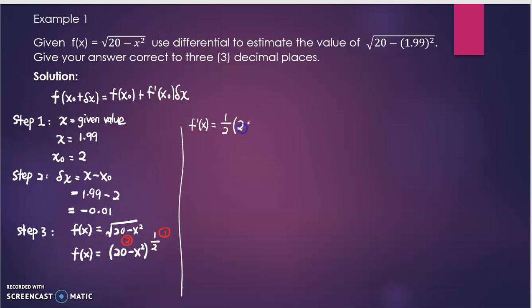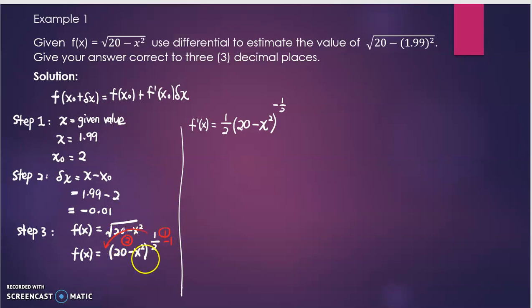Remember, only one differentiation in one step. Don't forget to reduce the index by 1, so 1 over 2 minus 1 means negative 1 over 2. Again: first, I bring the index to the front and then reduce by 1.